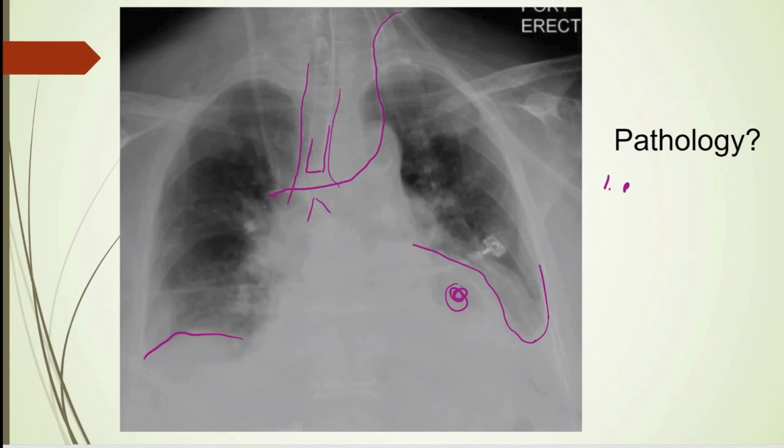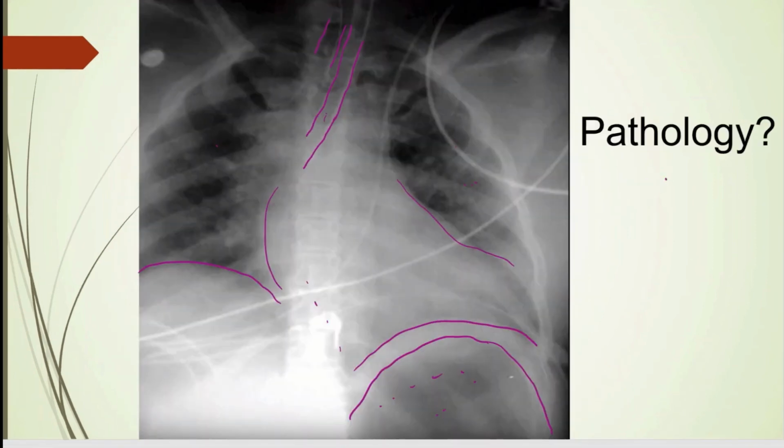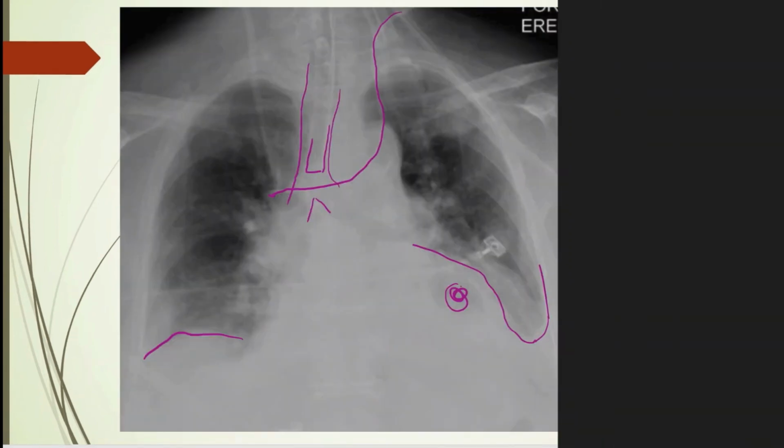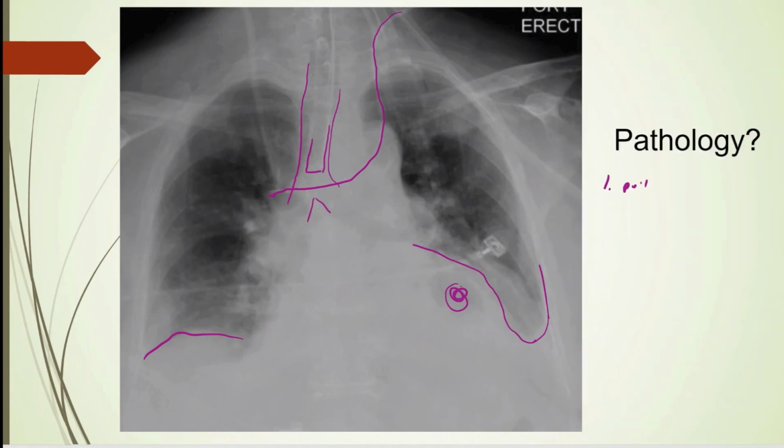One, he needs to pull the ET tube back. And two, this left-sided IJ needs to be advanced further.